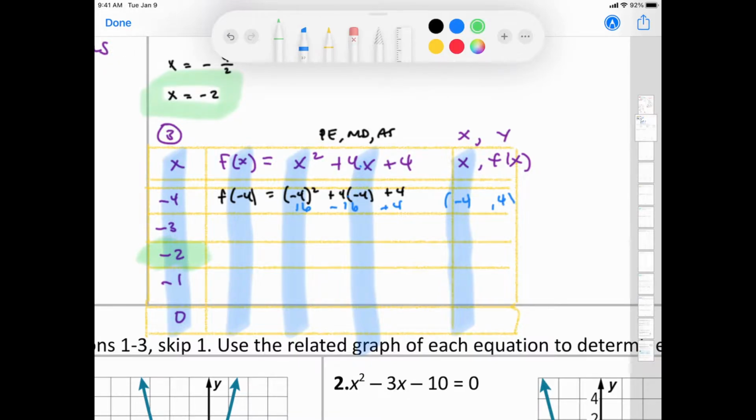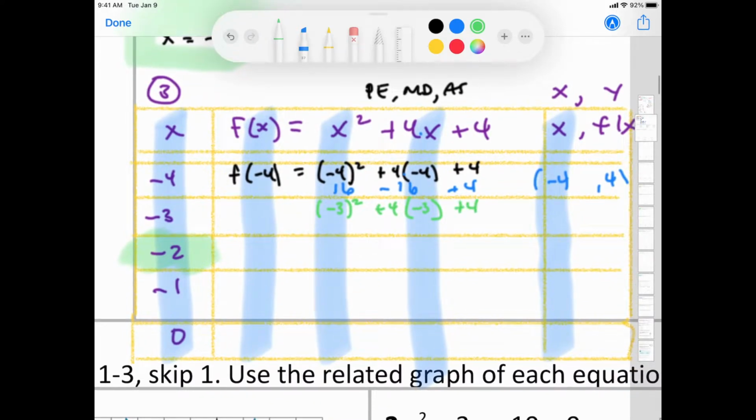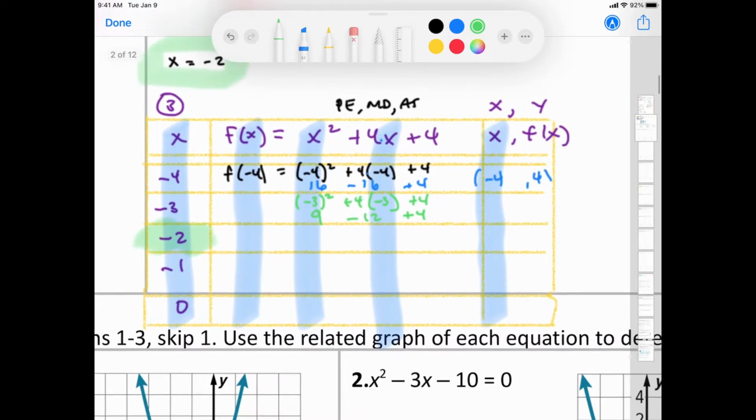Okay, let's try negative 3 now. If I put in negative 3 here, negative 3 squared is 9. 4 times negative 3 is negative 12 plus 4, so I get 9 minus 12 is negative 3, and negative 3 plus 4 is positive 1 is my answer. When my input is negative 3, my output or answer is 1.